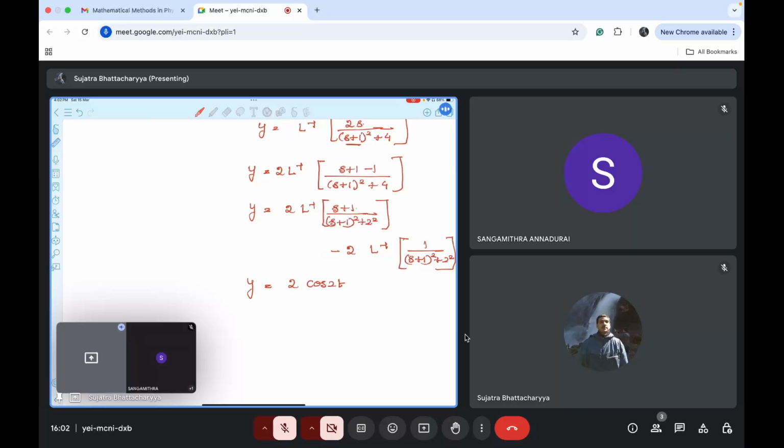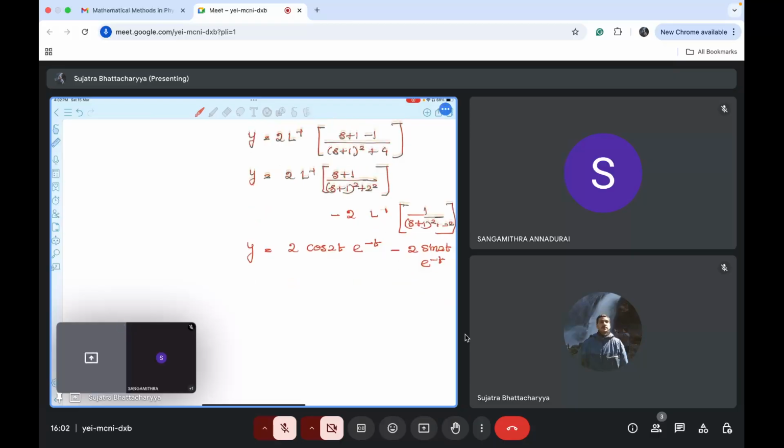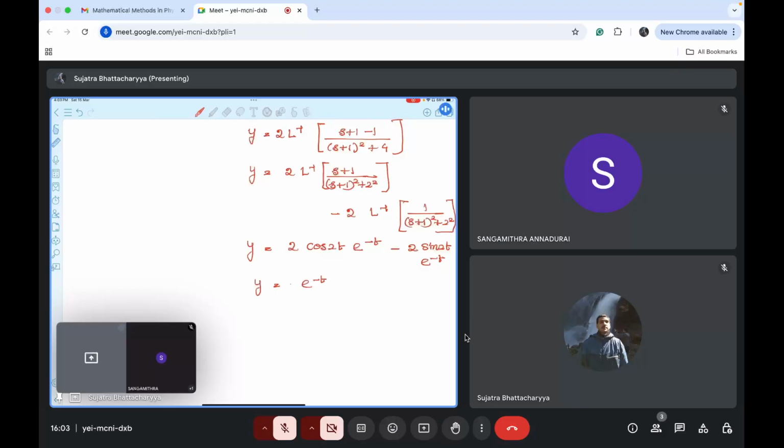But along with that there is a shifting, so e to the power minus t. Minus 2 times this will be sin 2t, but again e to the power minus t because the shifting property comes into the picture. So it will be 2 e to the power minus t times cos 2t minus sin 2t. That's all. This is the answer.